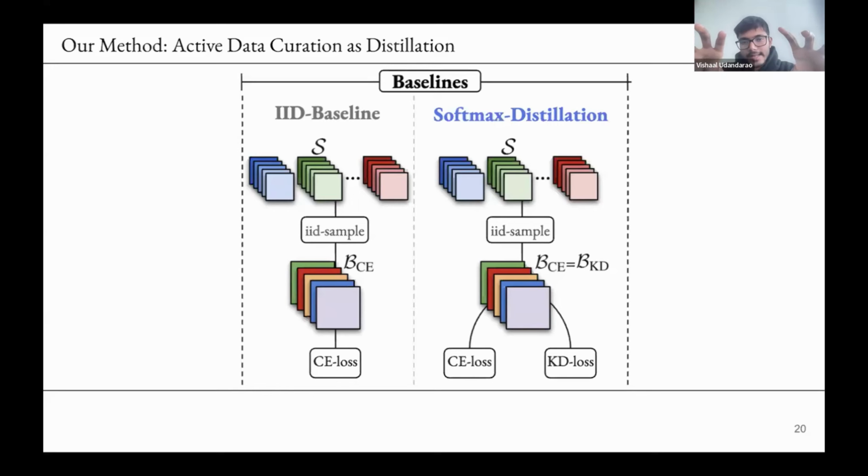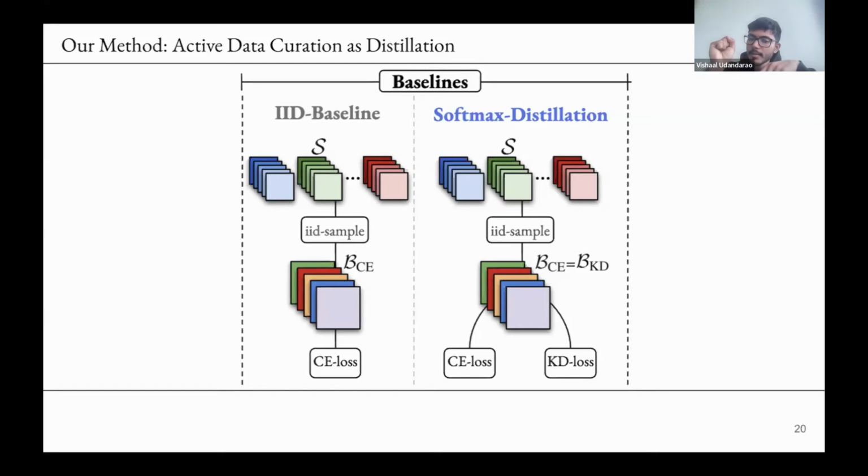So this is essentially visualizing what I talked about in the last slide. If you look at the IID baseline piece, you have this massive dataset D. Let's say you subsample it to S, for example, and at each step, you would IID sample a batch, which then goes into the contrastive loss. So the left part of this puzzle is what you do for an IID baseline over and over again. In the KD piece, which is the softmax distillation, you have almost exactly the same sampling method from your dataset.